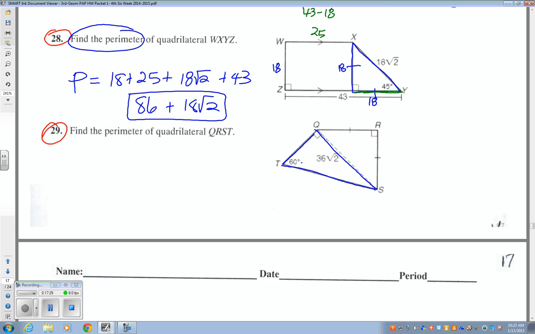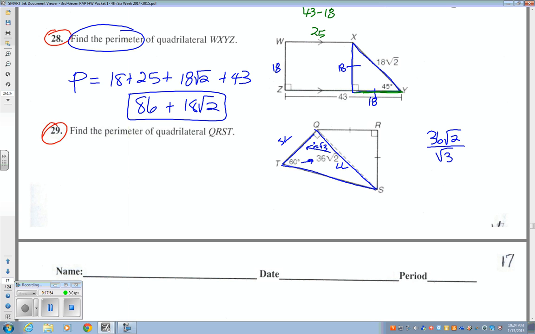So the 60 automatically is the long leg here. So I need to get always to the short leg, which is home base. What would I need to do to go from the long leg to the short leg? Divide by root 3. Okay, so 36 square root of 2, divide by the square root of 3.